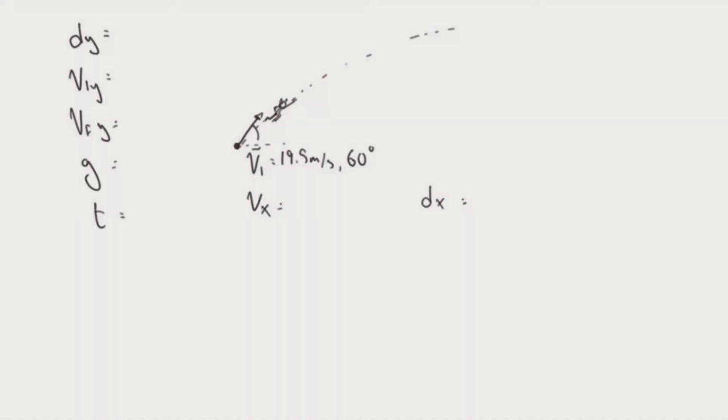Okay, to save some time, we sketched out some of the details. To start, we've got Wolverine with a launch velocity of 19.5 meters per second at 60 degrees. And we are interested in trying to figure out, at some distance further away, 15 meters, we have a Sentinel robot, so big robot.